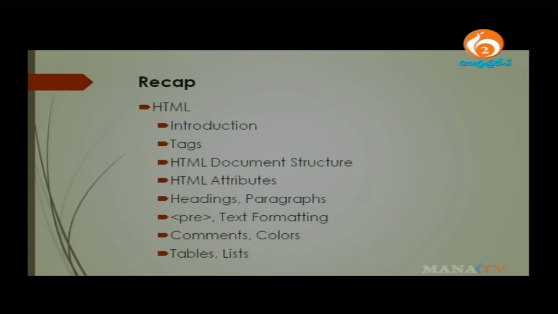So far we have discussed HTML, and in our last session we saw lists, like nested lists and a few more things about lists, like what the attributes for lists are, and how it looks if an unordered list is placed into another unordered list, and also when an ordered list is put into an unordered list.